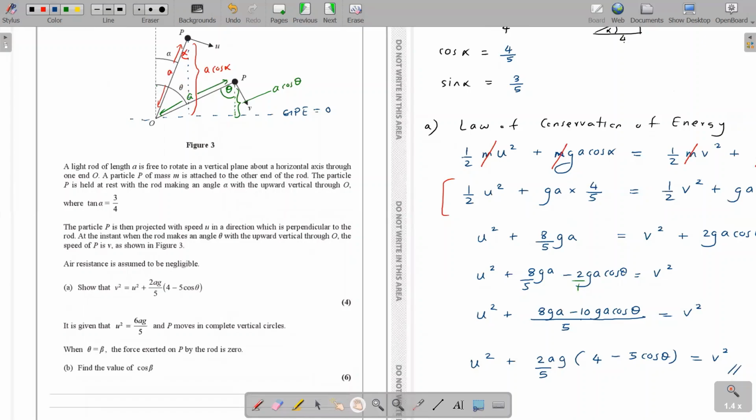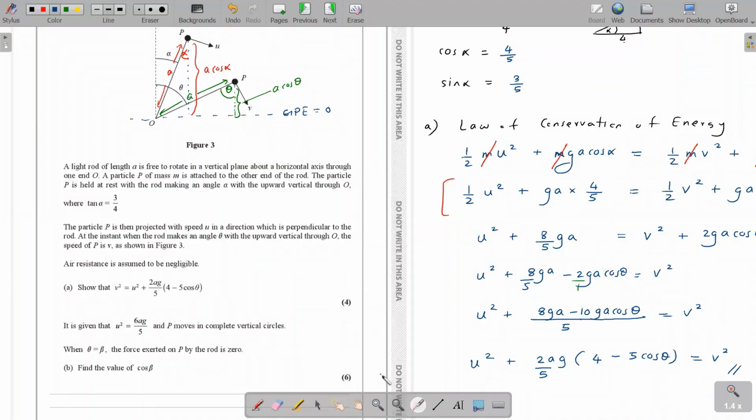What do you mean by that? When you're moving in complete vertical circles, if it's a rod, what's the requirement to move in a complete vertical circle with a rod? Normally, to go in a complete vertical circle, the velocity at the highest point should be greater than 0, isn't it?